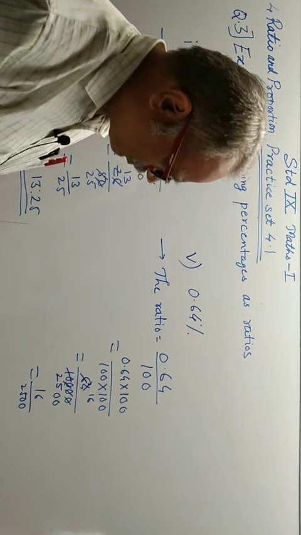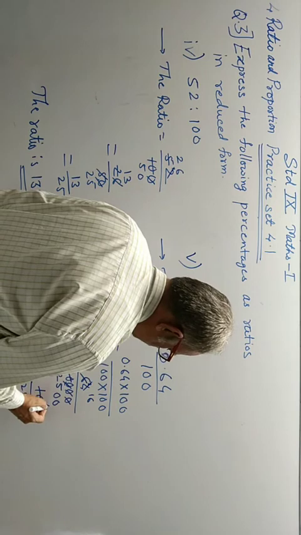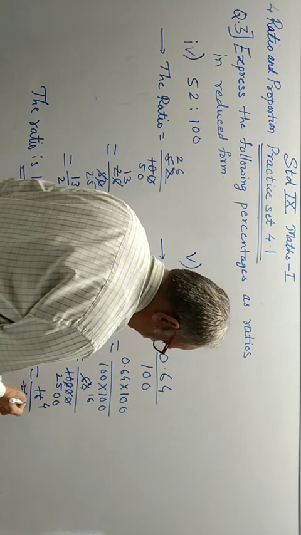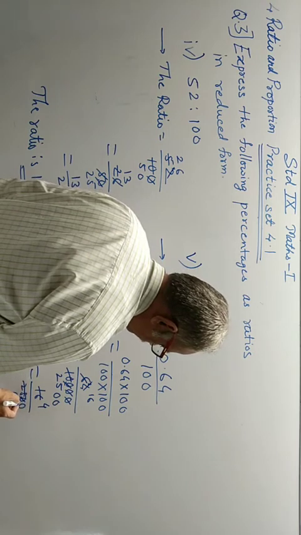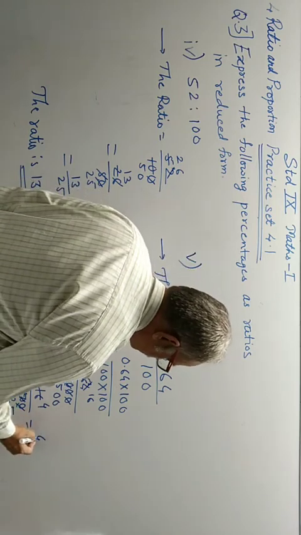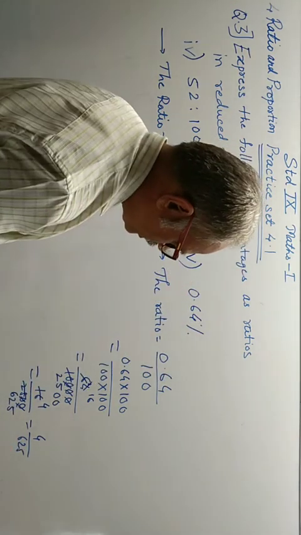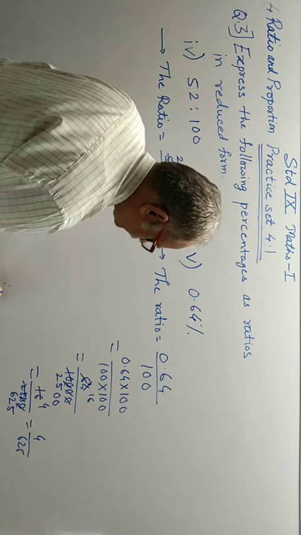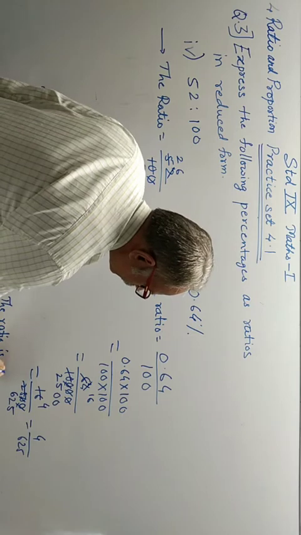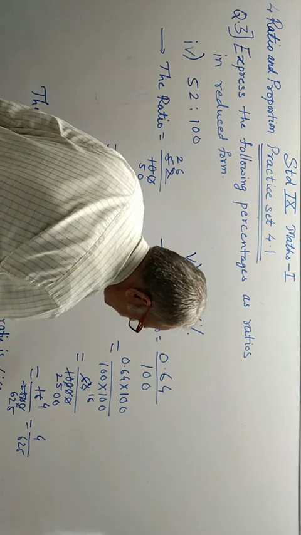Now 16 upon 2500 again cancel by 4. 4 4s are 16, 4 6s are 24, 1 remain, 4 2s are 8, 2 remain, 4 5s are 20. So how much is it? 4 upon 625. Therefore, the ratio, this is the answer, 4:625.